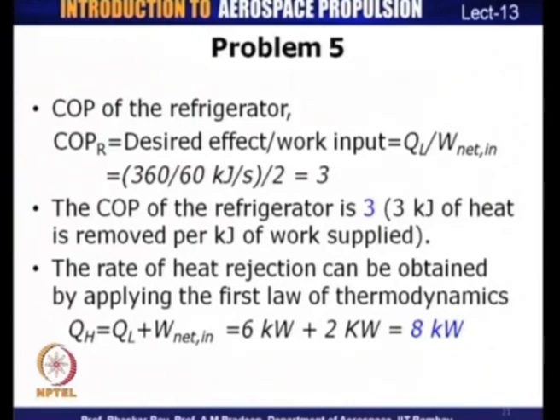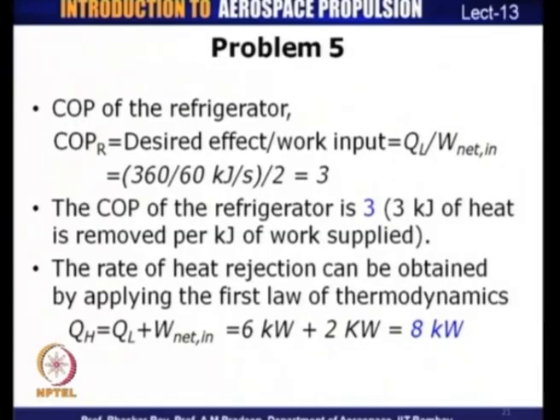So, what it means is that in this refrigerator, 3 kilojoules of heat is removed per kilojoule of work supplied. The COP comes out to be 3, which means that this refrigerator will be removing heat at the rate of 3 kilojoules per kilojoule of work that is supplied.